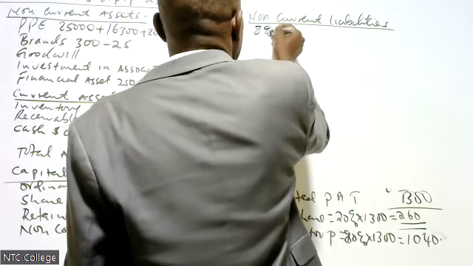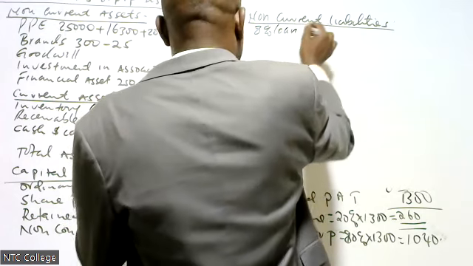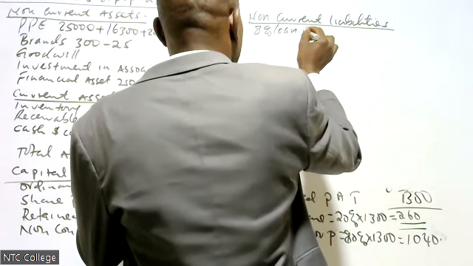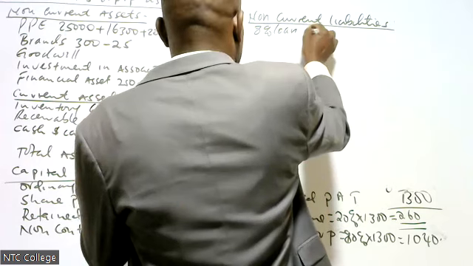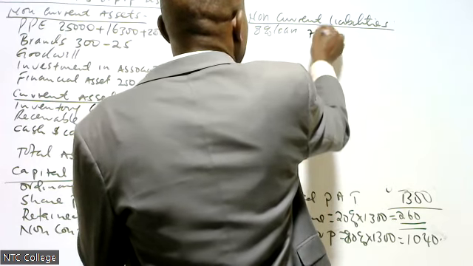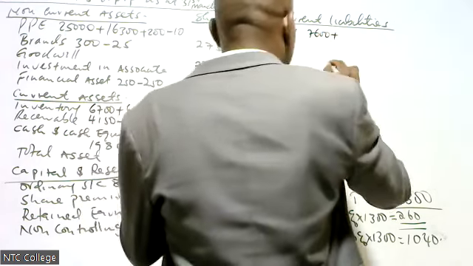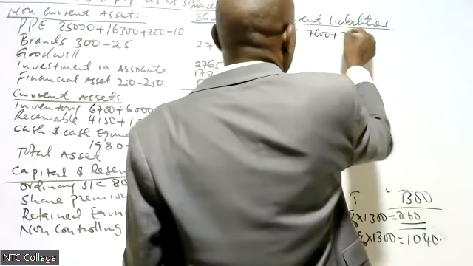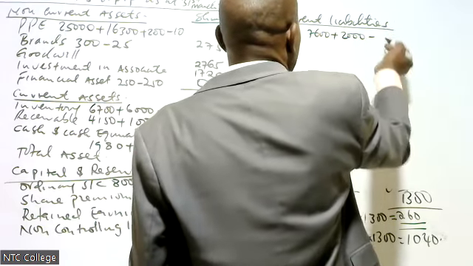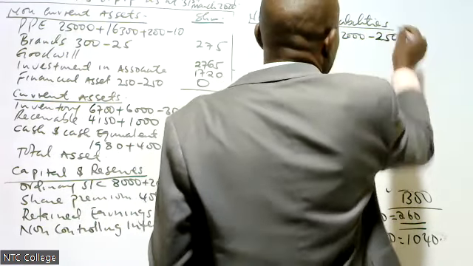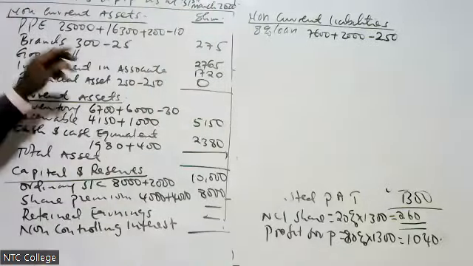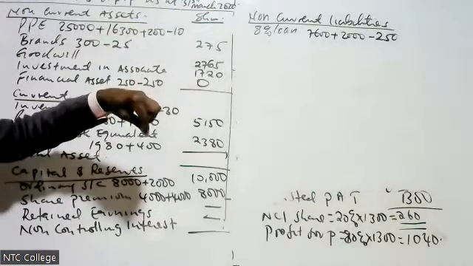8% loan note, which is 7,600 plus 2,000 minus 250. I already explained that the 250 is intercompany owing.